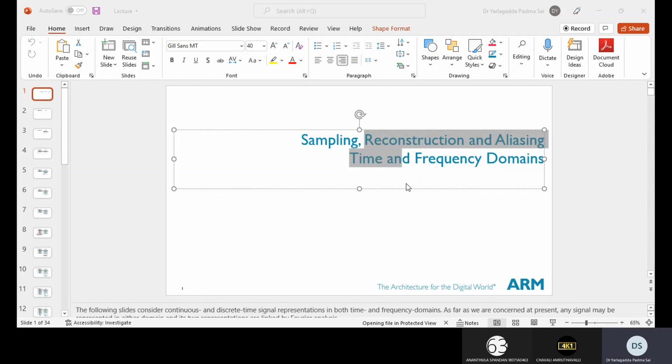For example, if a person is suffering a heart attack, you want to check at what instant it happened, and you want to check the frequency. All those things are not possible using analog systems. Because of that, we go for digital.